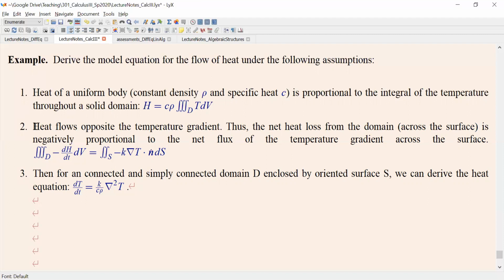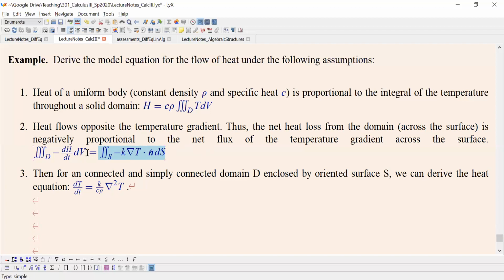Heat also will flow opposite the direction of the temperature gradient. And so we can set up this temperature gradient and negate it to get a direction of flow out of the surface to get flux. So we can compute the net flux of our heat by relating it to the negative gradient of the temperature.